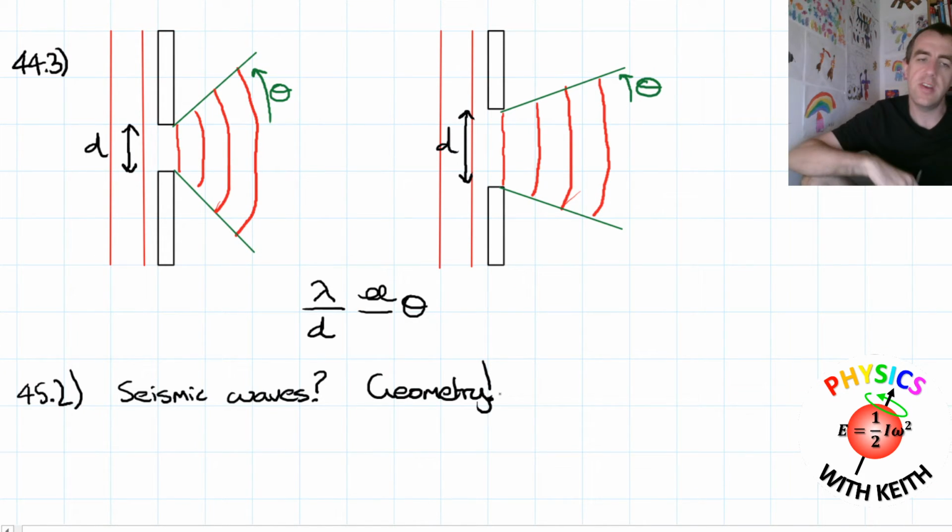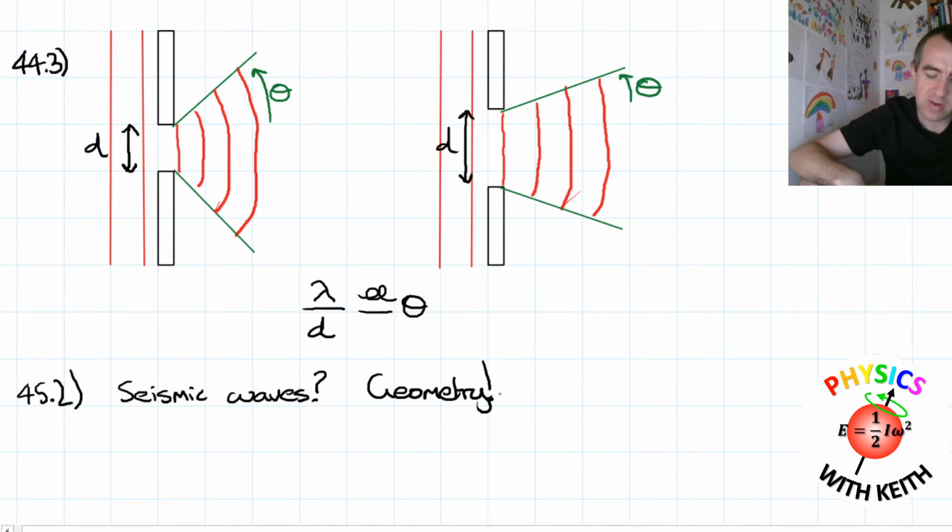45.2 is all about seismic waves, but actually it's not that difficult. You're given enough information to be able to work out the answers yourself. Although it's not easy and there are a lot of parts to the question, it's really about geometry, trying to visualize what's happening, which path is longer, which one is shorter, which one takes the most time, and so on.